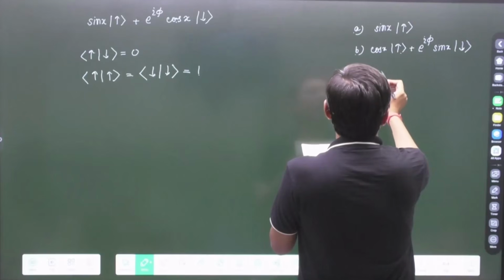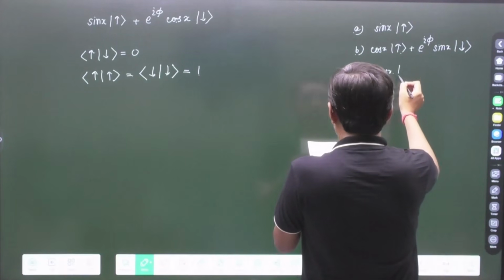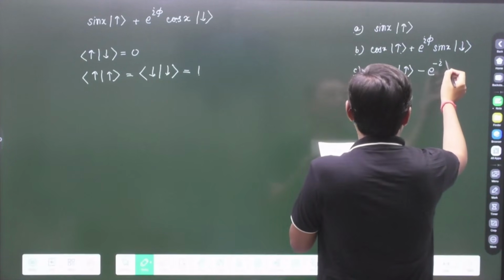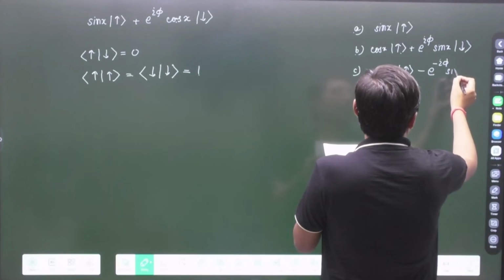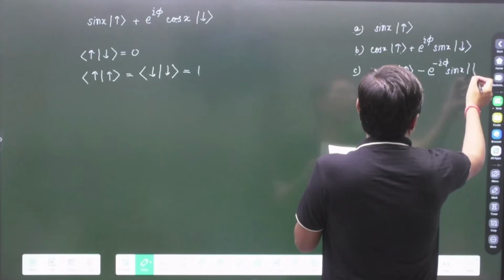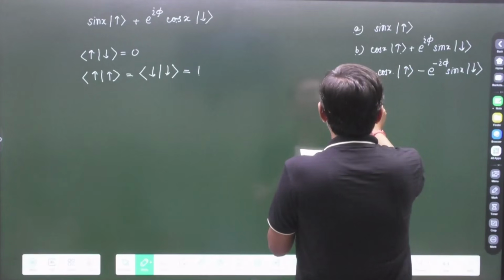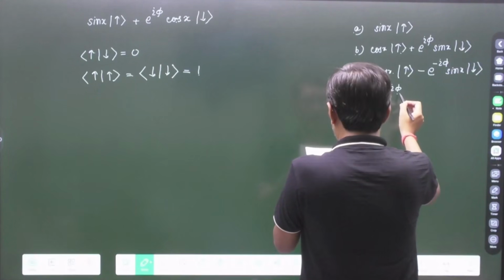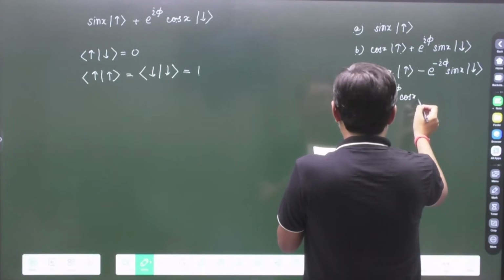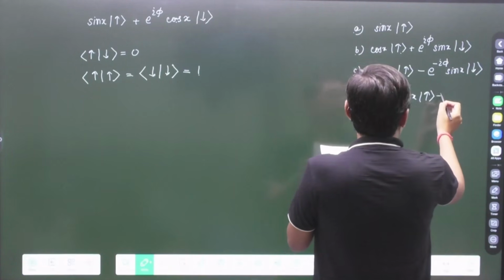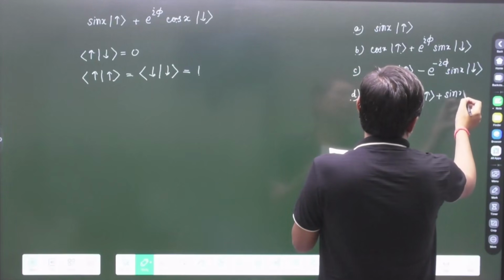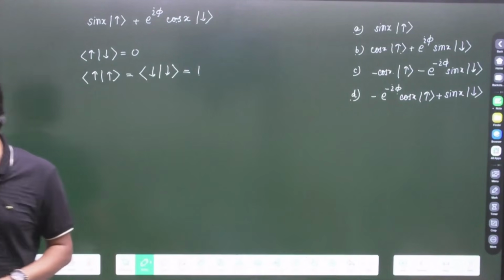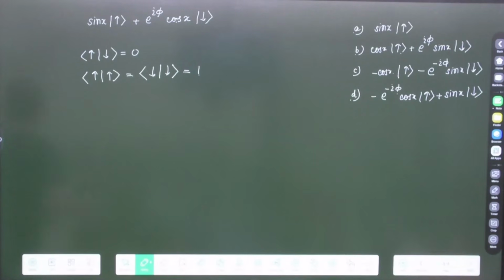Option C, minus cos x, this one, minus e to the power minus iota phi sin x, it will be like this. Option D, minus e to the power minus iota phi cos x plus sin x. बताओ which will be the answer.